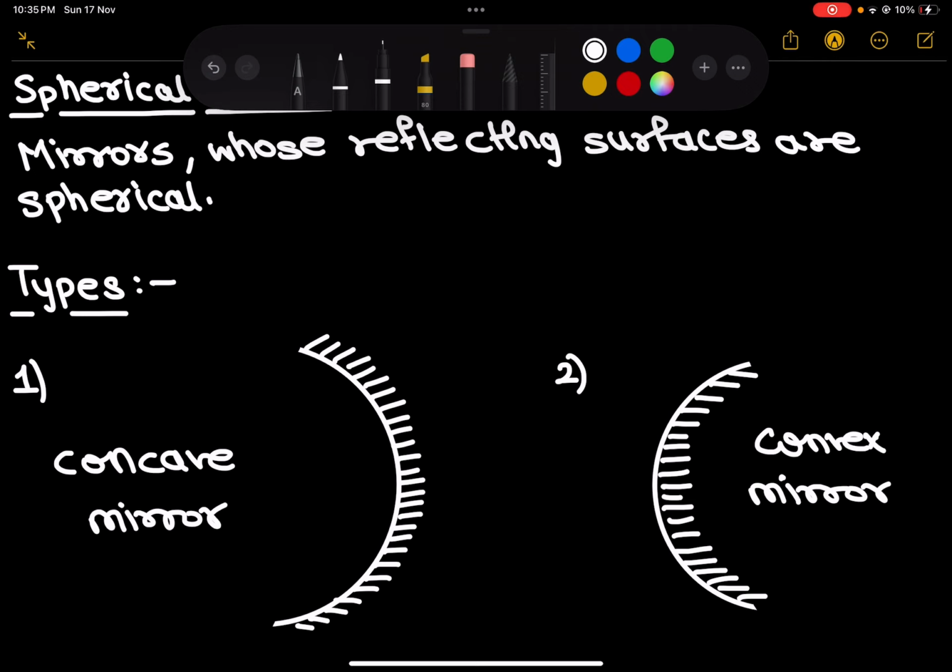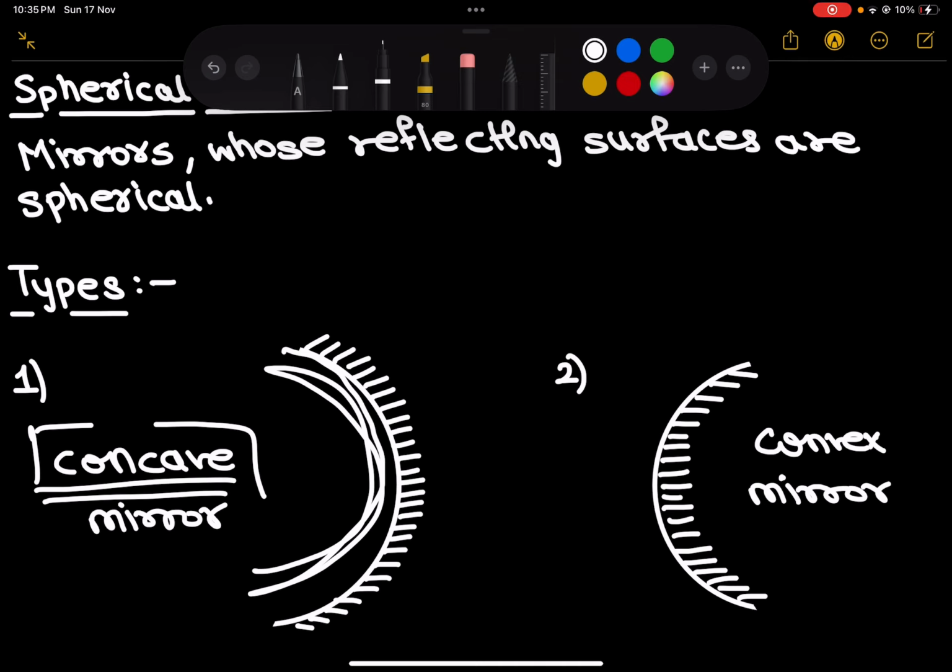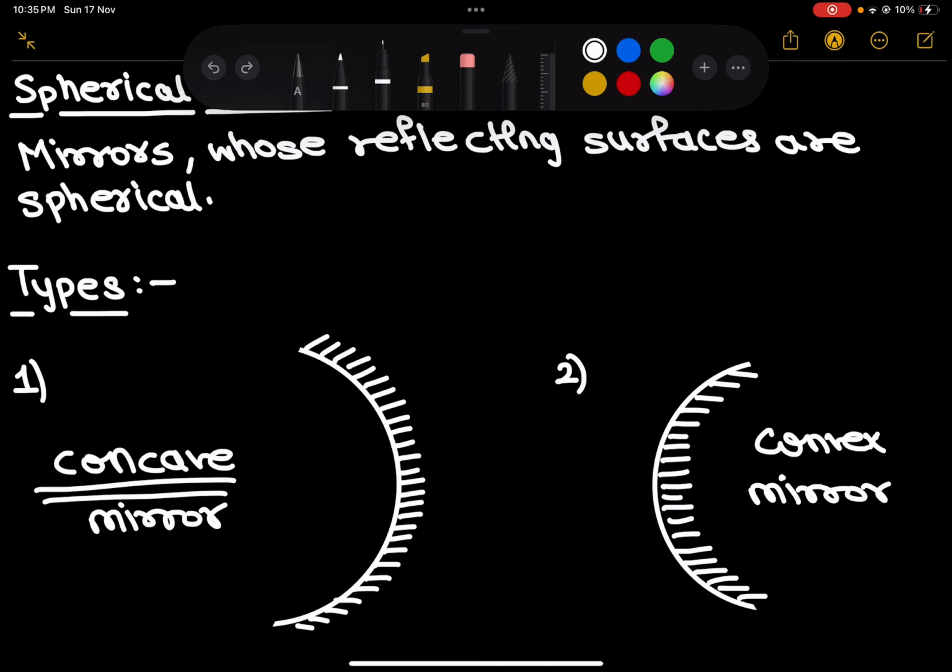So you can remember concave mirror. How? The one which has its reflecting surface caved in. Caved, right? So this is like a cave right here. It is caved in. So it is known as concave mirror. And the other one, which is curved outwards, it is known as convex mirror.